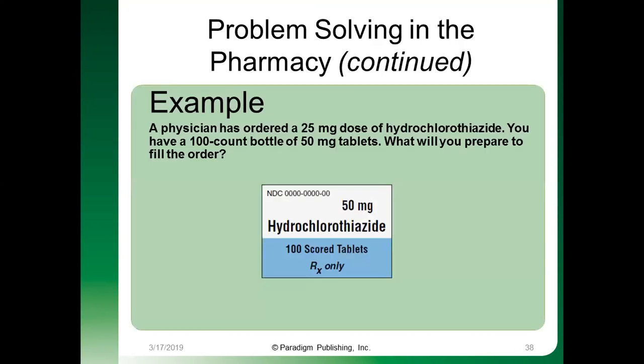So let's go over an example. A physician has ordered a 25 milligram dose of hydrochlorothiazide. You have a 100 count bottle of 50 milligram tablets. What will you prepare to fill the order? Okay, so the information that we don't need is the 100 count.